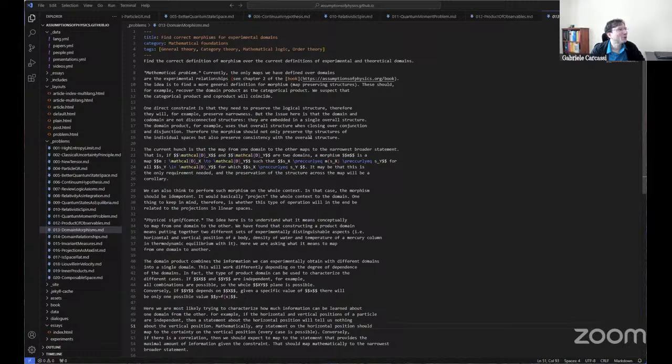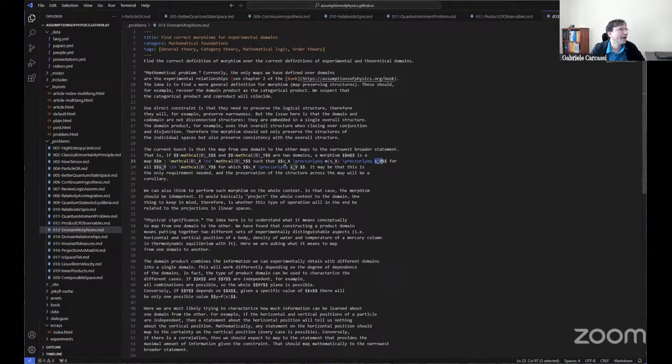Okay, so the idea is if we have a domain dx and a domain dy, then a morphism is a map from dx to dy such that Sx is narrower than Msx, which is narrower than Sy, for all Sy.